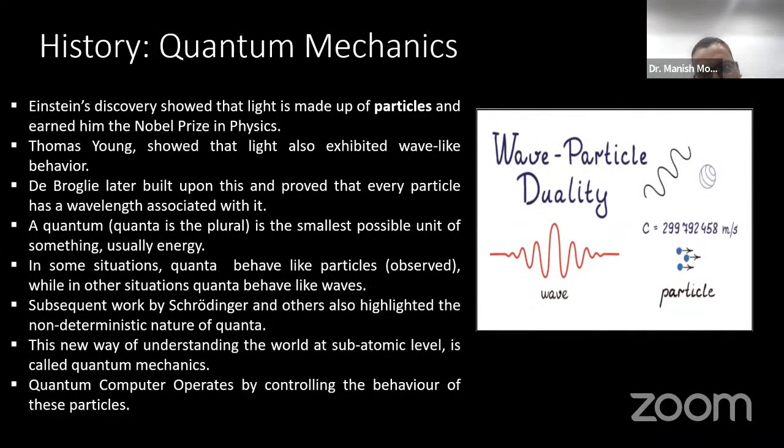Now, before coming back to this game and explaining quantum computing further, a little bit of theory, and I won't go much deeper into that. Earlier, physicists figured out that light is made of particles, and there was a Nobel Prize for Einstein.